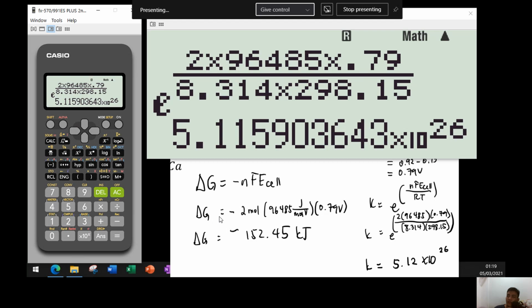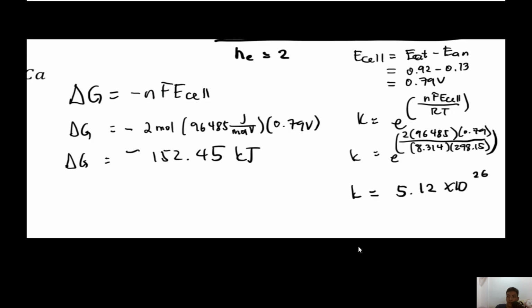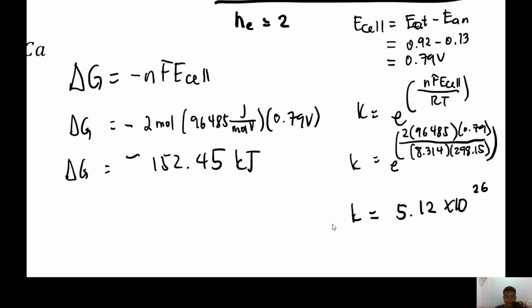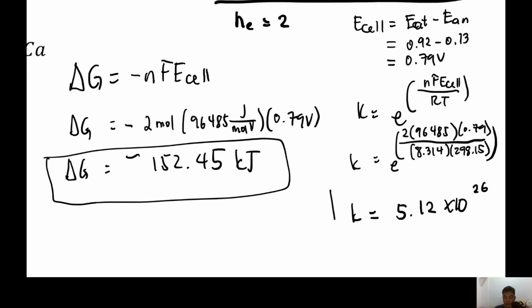Take note that the K is greater than 1, way greater than 1. So it means the reaction is spontaneous. It is going to the product side. So that's how we solve for delta G and K.